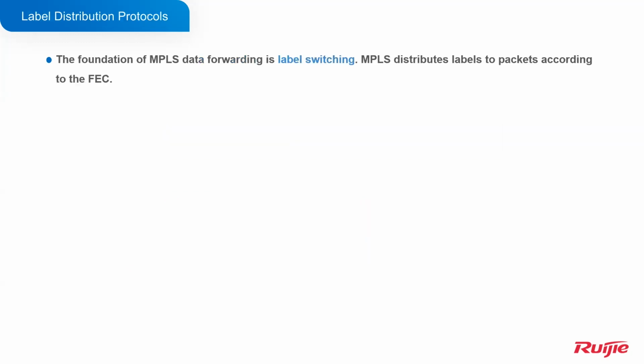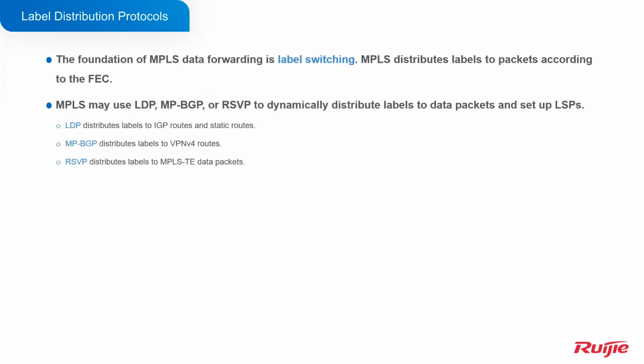One typical protocol we use in our network is the Label Distribution Protocol, LDP. The foundation of MPLS data forwarding is label switching, and label switching is based on different FECs, by default according to the destination IP address. Not only LDP, but also MP-BGP and RSVP can distribute the label information.